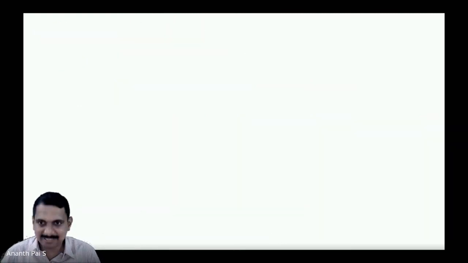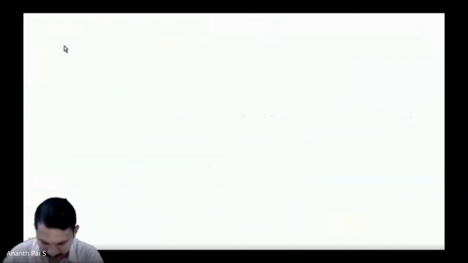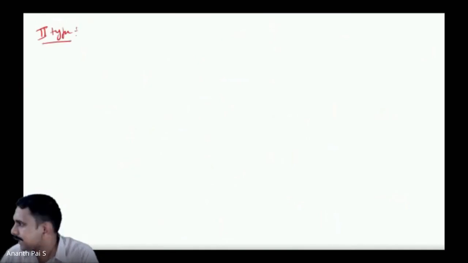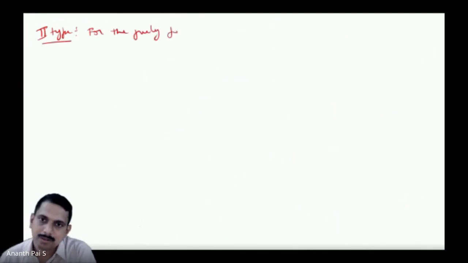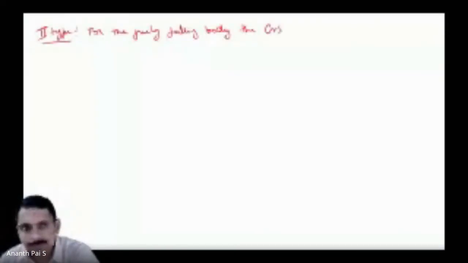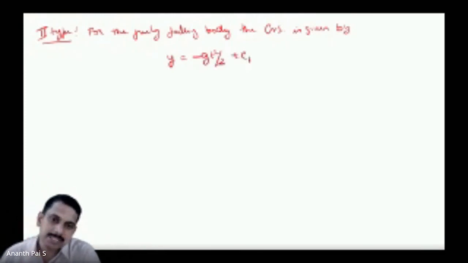Okay, initial value problem. First type is over, now the second type. The second type is for the freely falling body. The general solution, GS, is given by y is equal to minus gt square by 2 plus c1t plus c2.